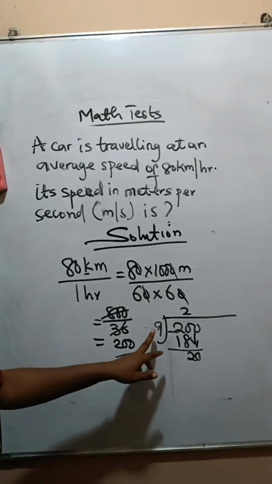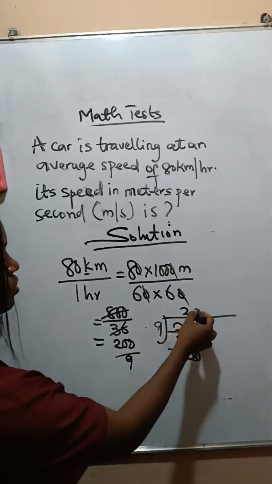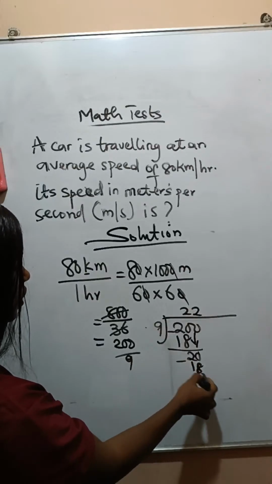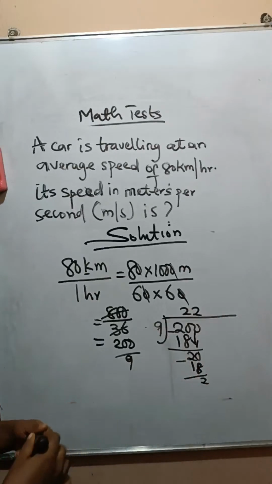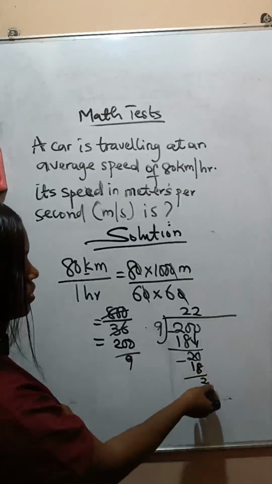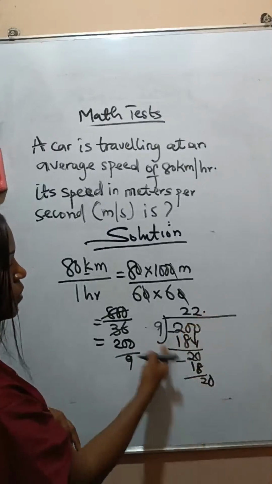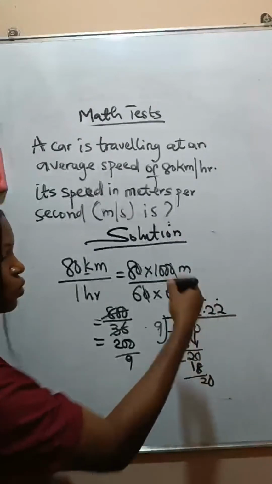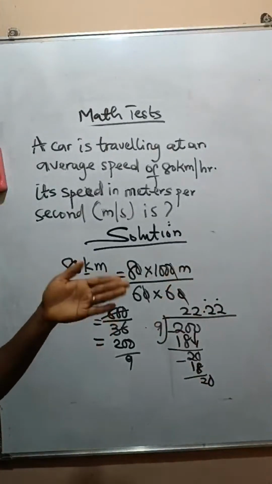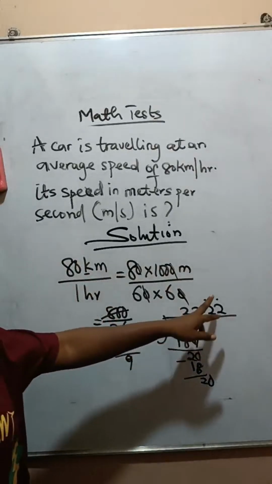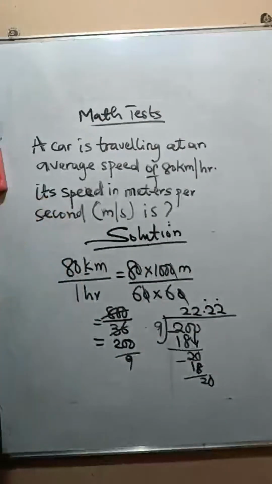Now when 9 divides 20, we have another 2. 2 times 9 is 18. If we subtract, we have another 2. Now 9 dividing 2 is not possible, so we put a decimal point and add 0. So you see, we keep repeating 20. That tells you that the answer is 22.22 recurring. That 22 will keep recurring. All right, so the answer will be 22.22 meters per second. So I believe it's also in the options.